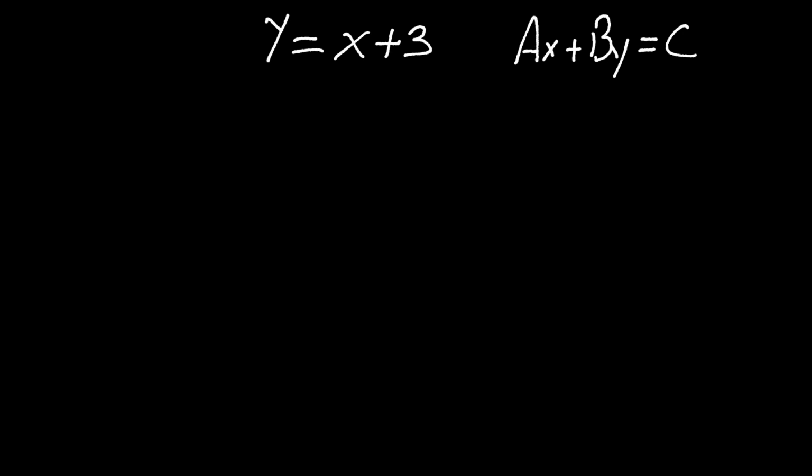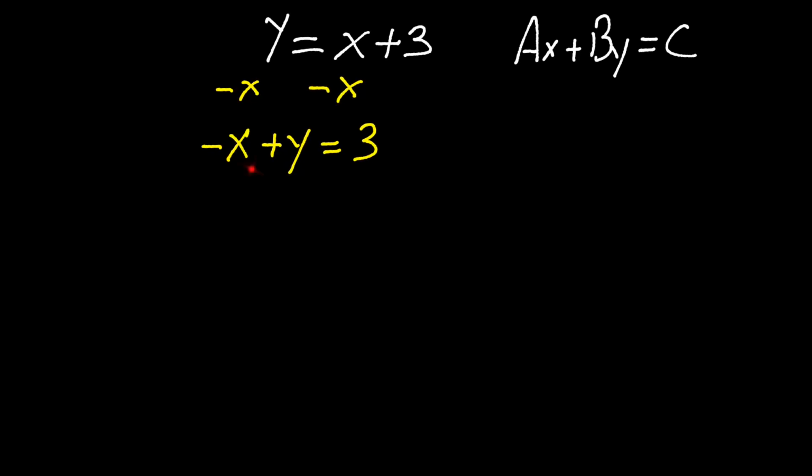So let's take a look. I have to have my x and y on the same sides, so I've got to get this x over to there. So I'm going to subtract x. That's going to give me negative x plus y equals 3.